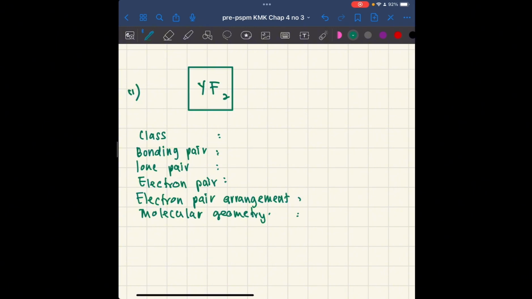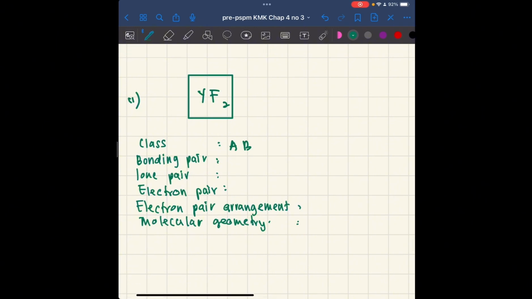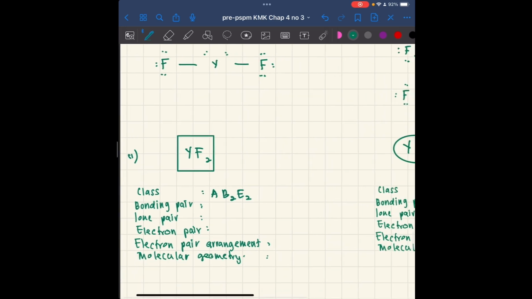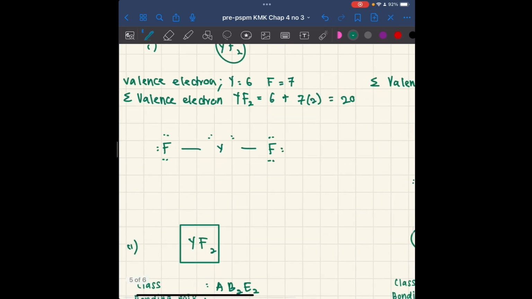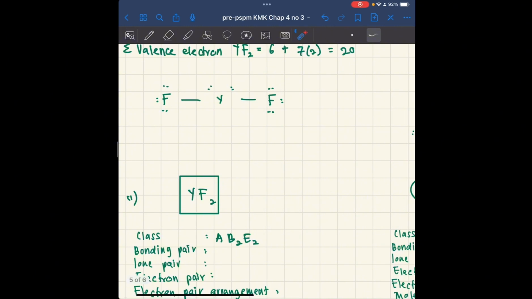For YF2 we have the class AB2E2. How we determine the class is by looking at the Lewis structure. A is the central atom, B is the bonding pair, and E is the lone pair.